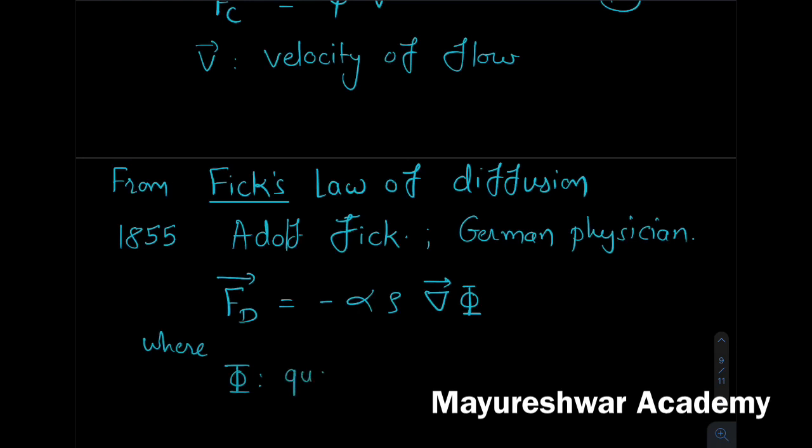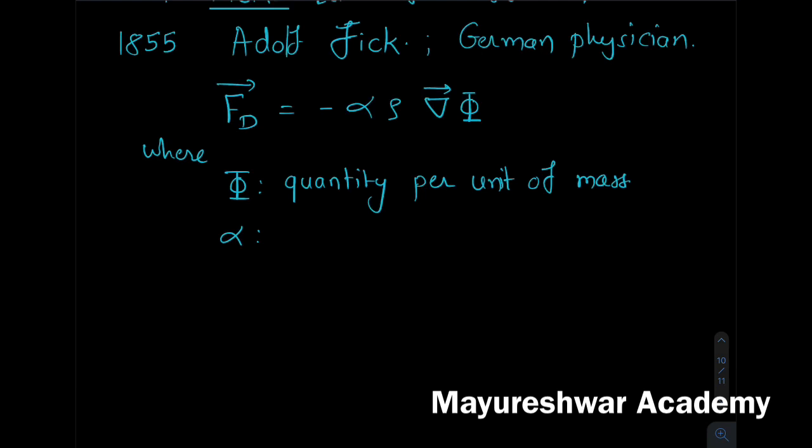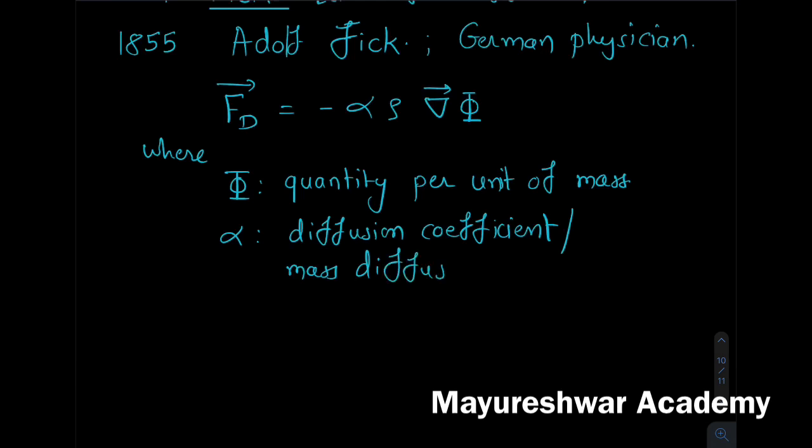Phi actually means quantity per unit of mass, and alpha here means diffusion coefficient or mass diffusivity, as in Fourier's law it was conductivity, here it is diffusivity. So rho is density, density of fluid.